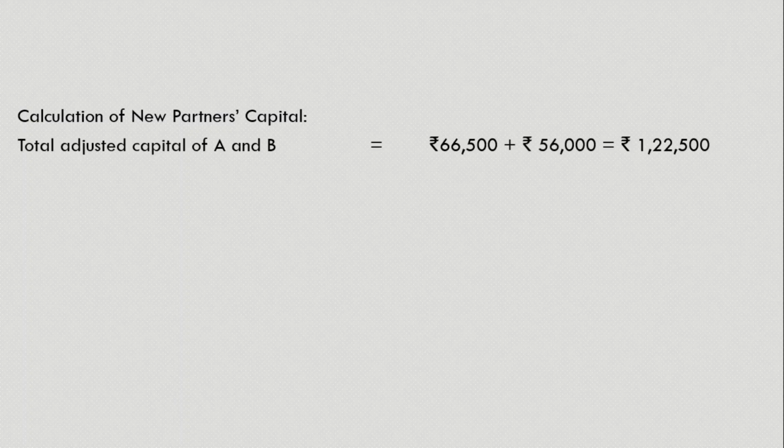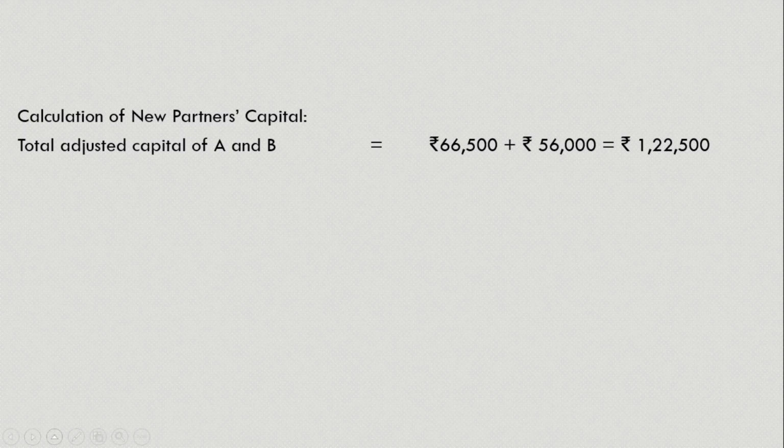Now, these two methods we read in one of our videos of adjustment of capital to calculate the new partner's capital or to calculate the old partner's capital. If you want to revise the topic, you can watch that video. Here I will just discuss the topic which is in this question. So, total adjusted capital of A and B, 66,500 plus 56,000, comes to 1,22,500.